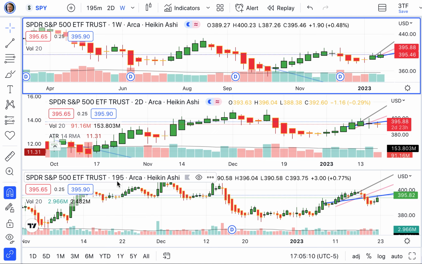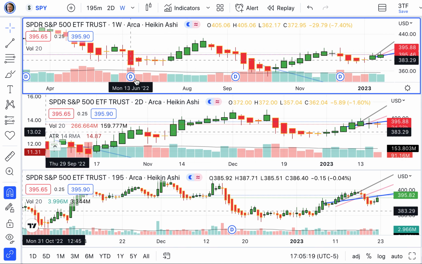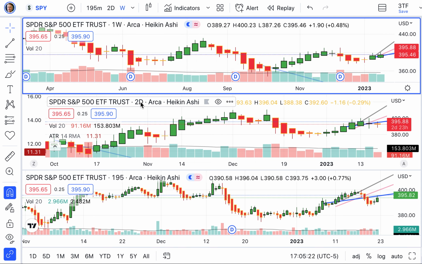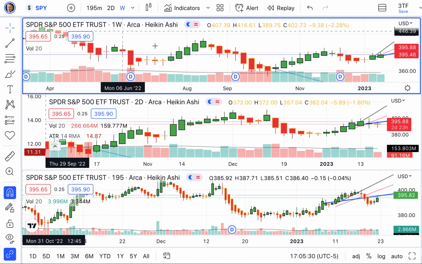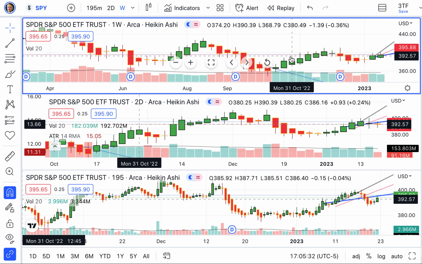It's 195 minutes. The 2-day, which is 4 times the half day or 195 minute chart, and then the weekly, which is 2.5 times the 2-day and 10 times the half-day chart on a regular week. This week was shorter, it's only 8 times, but typically 10 times because it's 5 days, right?